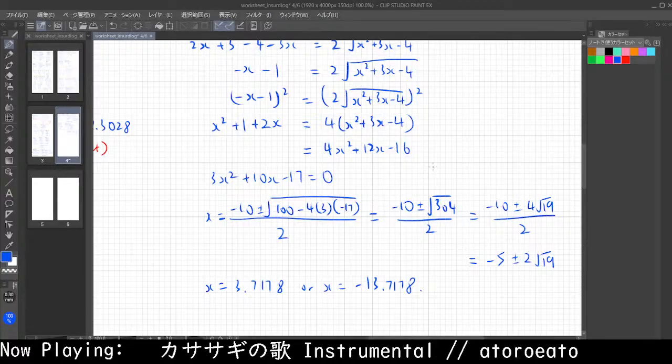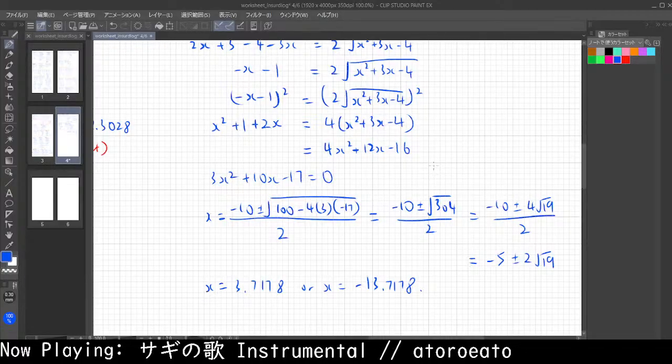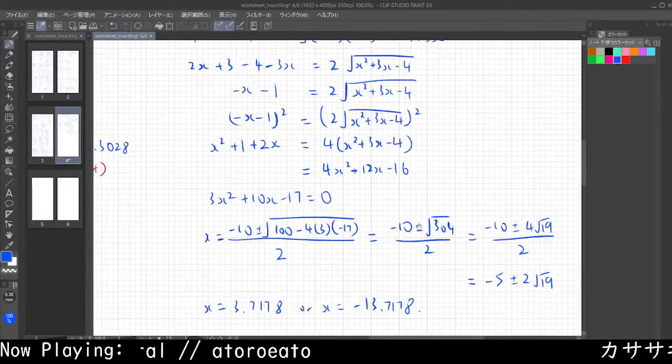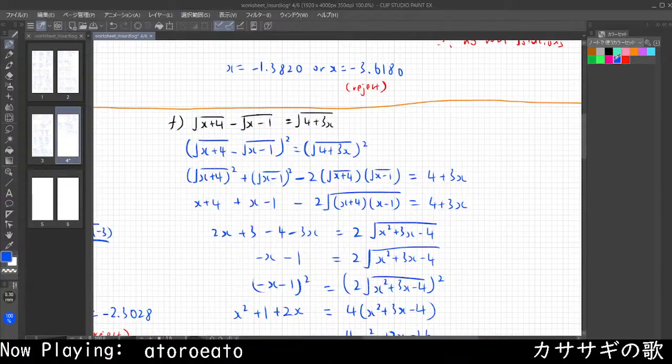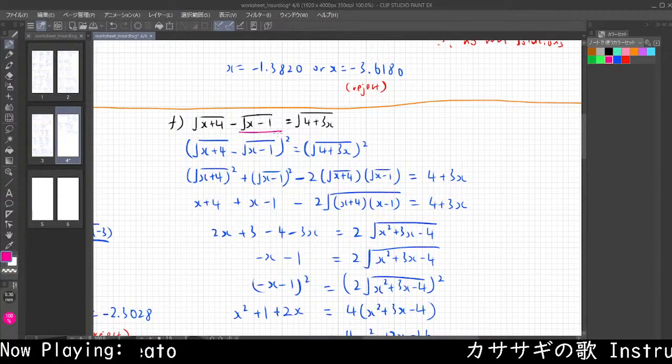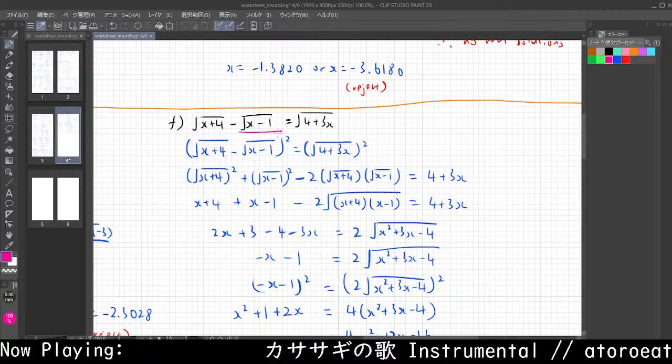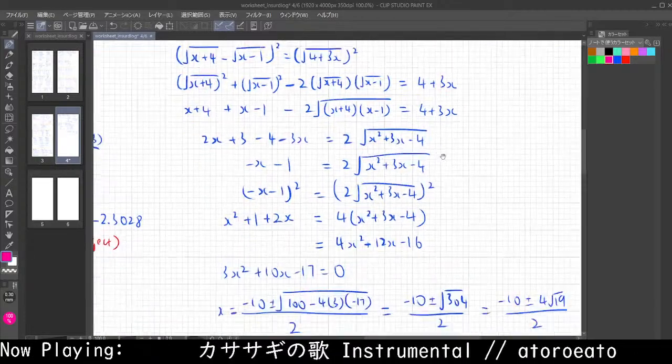For 3.7178, positive, the only minus term is your x minus 1 over here in the middle. If this doesn't become negative, then you're good already. 3 minus 1 is still positive, obviously, so this answer is accepted.